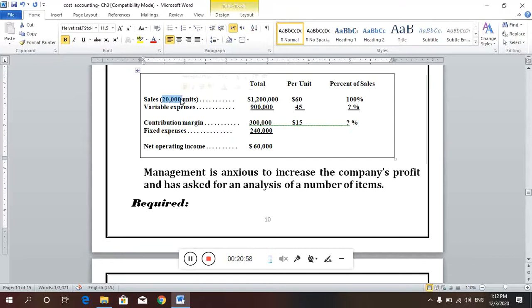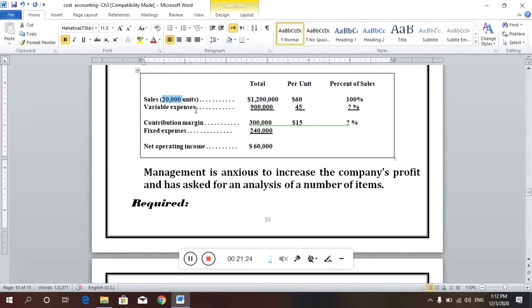The 20,000 units achieved sales revenue of $1,200,000, so the selling price will equal $60 per unit. This column is the total column, this is the per unit column, and the third column is the percent of sales column.